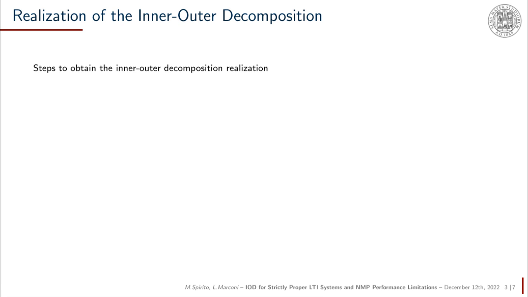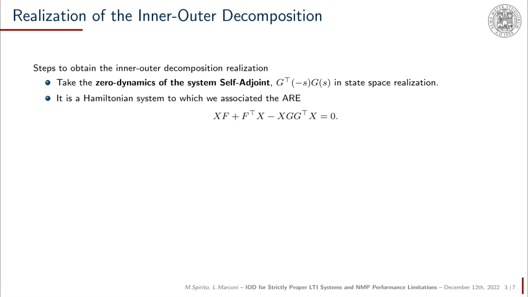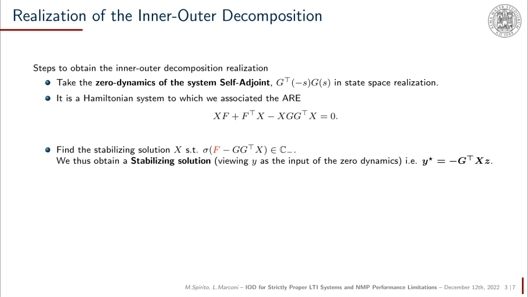So the steps to obtain the inner-outer decomposition realization start with taking the zero dynamics of the system's self-adjoint in the state space realization, which is a Hamiltonian system to which we can associate the algebraic Riccati equation shown before. When we find its stabilizing solution such that the spectrum of F minus G transpose X is in the left half plane, we can define the stabilizing trajectory y star, which is equal to minus G transpose X z.